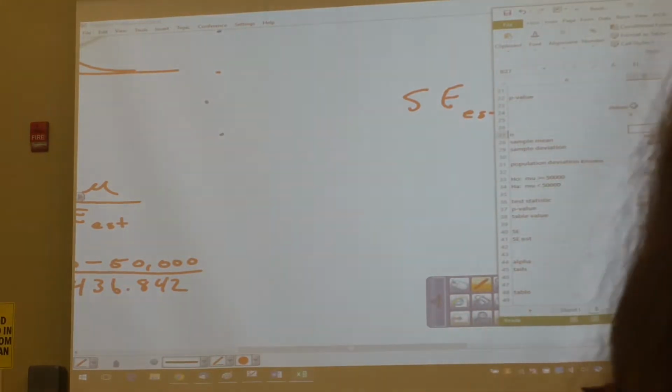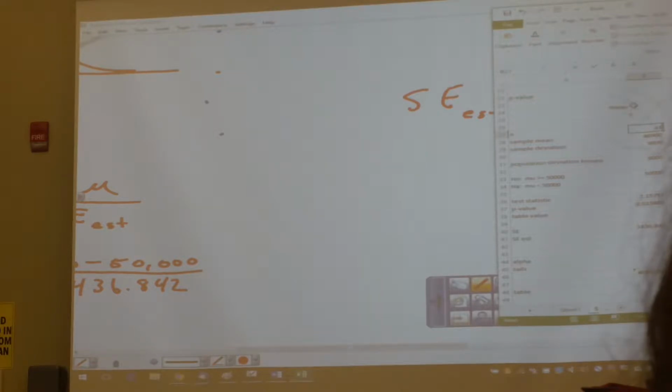My n was what? 41. What was the sample mean? 71,121. What was the sample deviation? 7,489. Did I have a population deviation? No, unknown. That's why we're using the t-table.